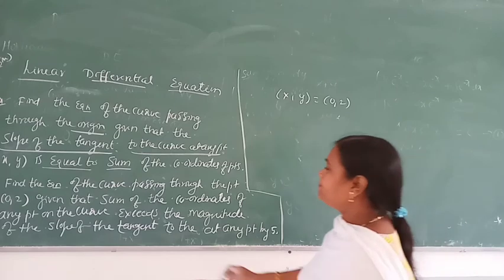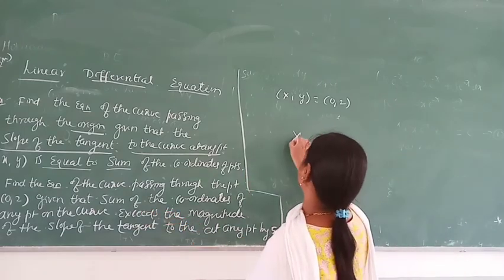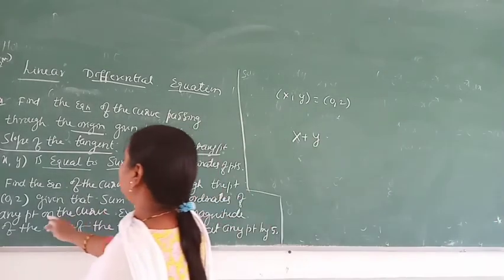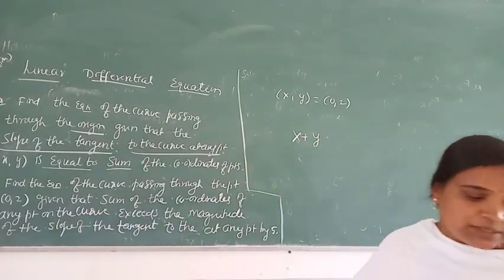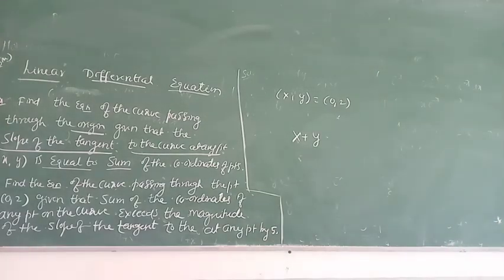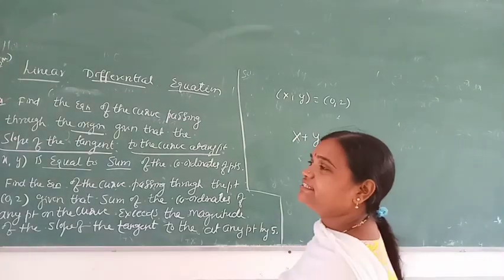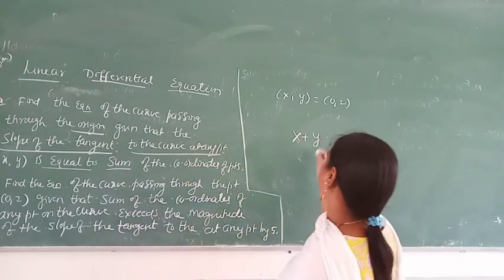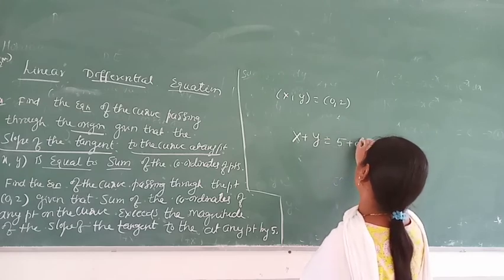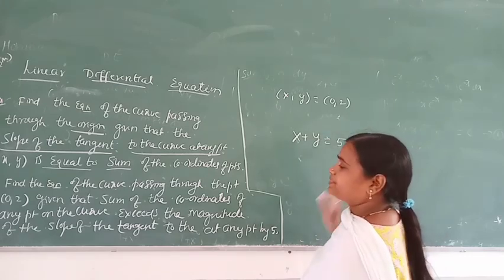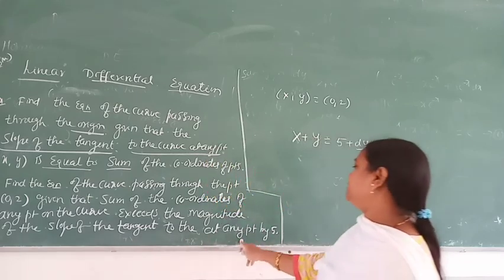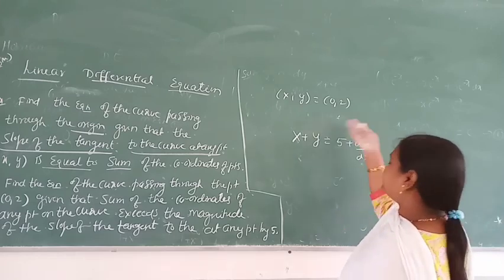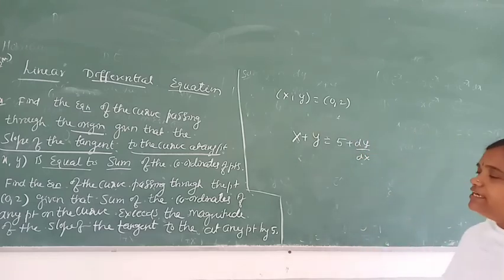Next, the sum of the coordinates of any point on the curve exceeds the magnitude of the slope of the tangent at that point by 5. This means the sum of the coordinates x plus y is equal to 5 plus dy by dx.